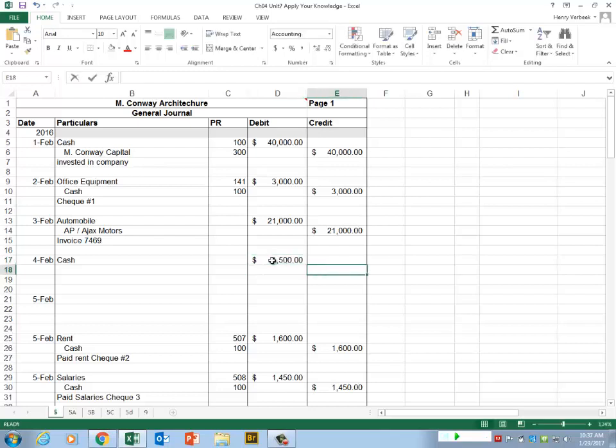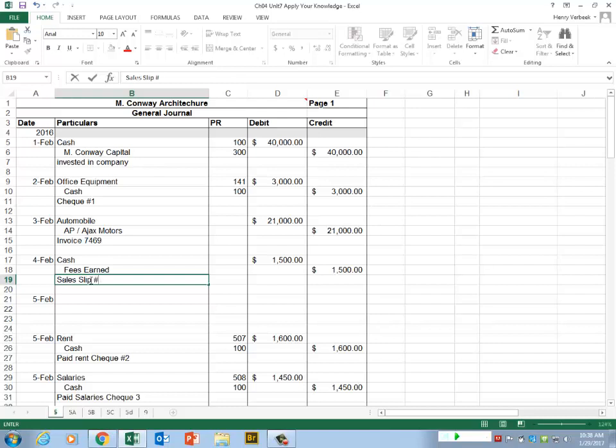A reciprocal transaction of 1,500, and that is fees earned. And sales slip number 1. Now cash, as we know, is 100, and fees earned is 400. And I kind of forgot up here, so automobile is 142, and accounts payable is 200.